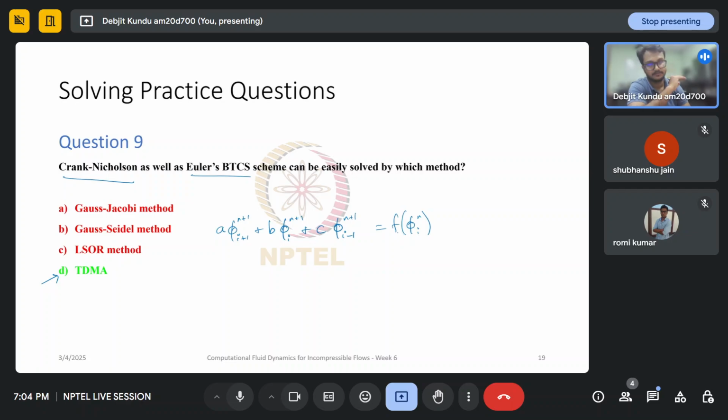So this is what the general form becomes. So then if you write this in the matrix form, you will see that you'll get B's over here in all the diagonals.